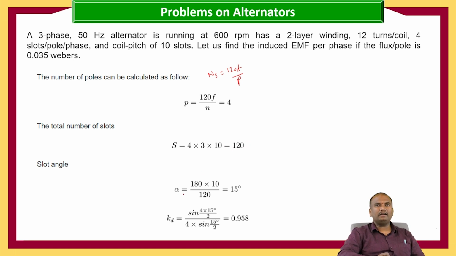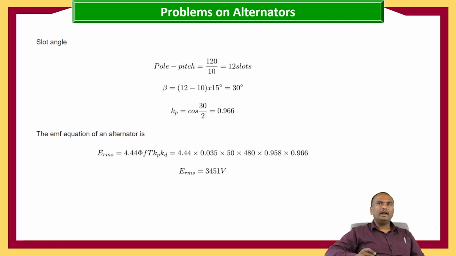And the slot angle alpha is equal to 180 into 10 by 120, that is equal to 15 degrees. So Kd is equal to sine of 4 into 15 by 2, whole divided by 4 sine 15 by 2, which is equal to 0.958. That is the distribution factor. And the slot angle is 10 degrees.